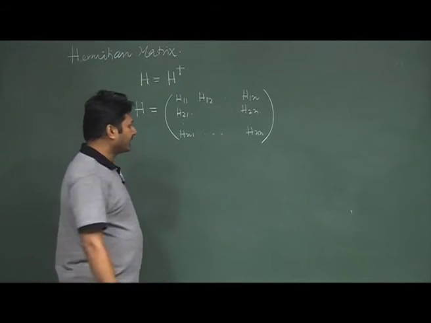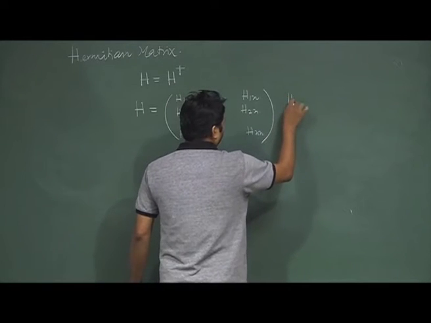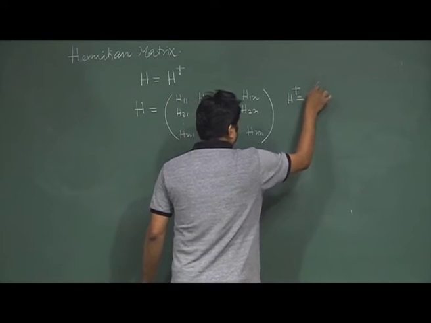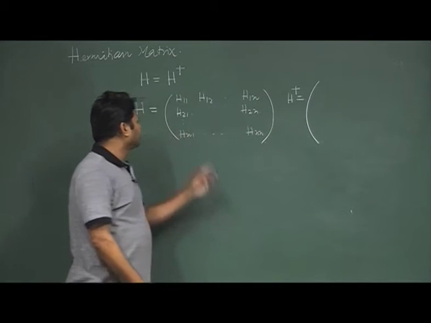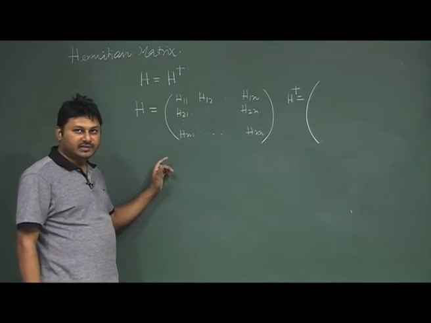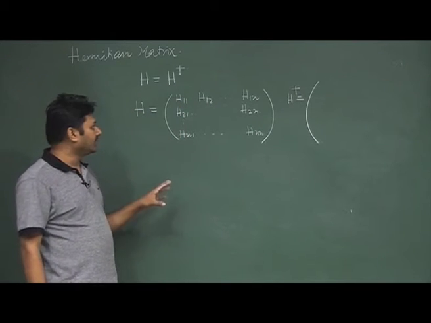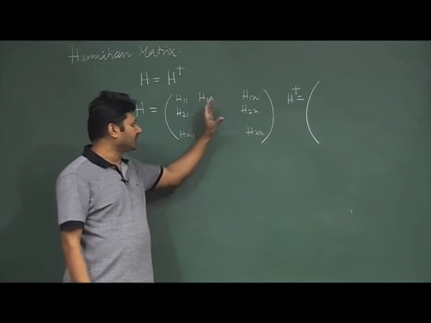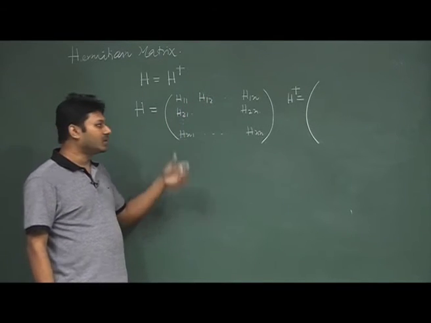What is H dagger? I know what the dagger matrix is. The dagger matrix is the transpose followed by the complex conjugate. So I need to first transpose this matrix and then take the complex conjugate.